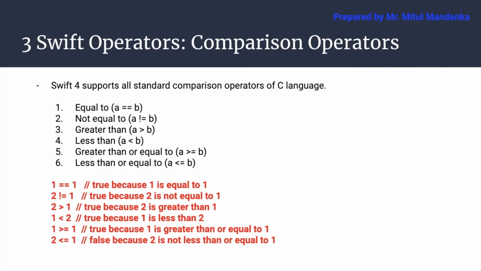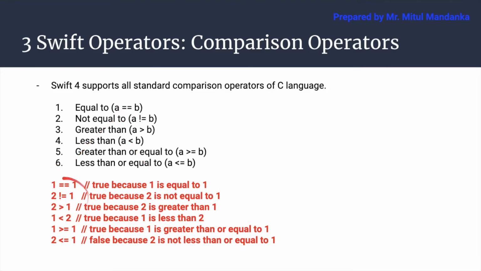For example, 1 is equal to 1, so it will return true because the value of a is equal to 1 and the value of b is also 1. This condition checks whether the value of a and the value of b are the same or not.